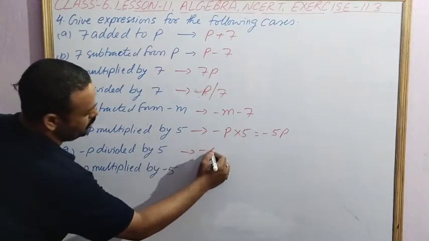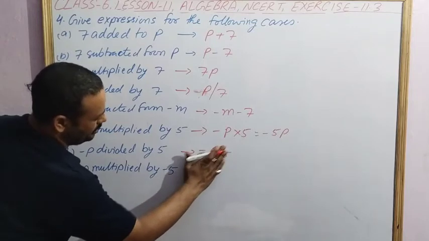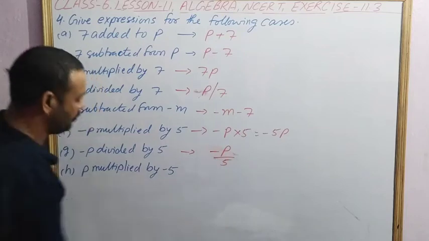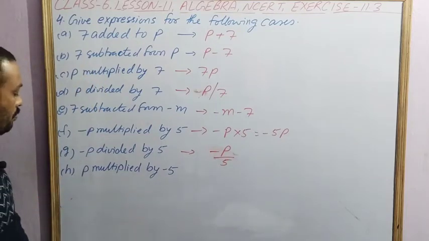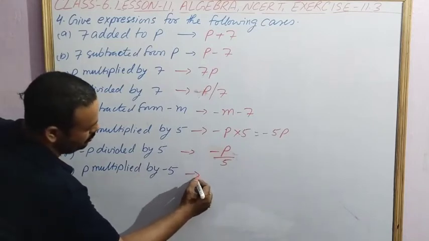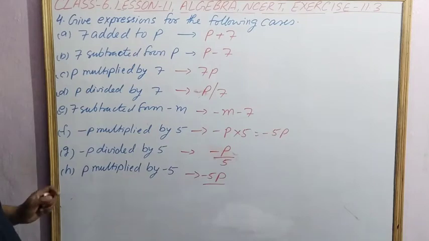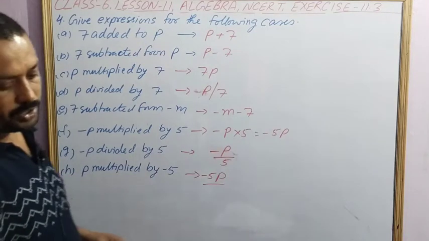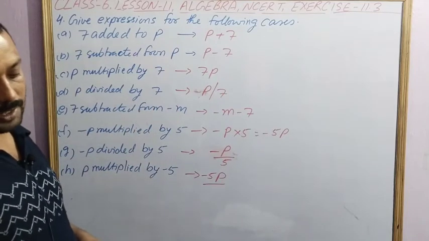This means minus P by 5 like this, or you can write minus P by 5. Then the last one, H: P multiplied by minus 5 means minus 5 into P, same. So like this you will do this question 4, or any other question if it comes, to write the expression for the given case.